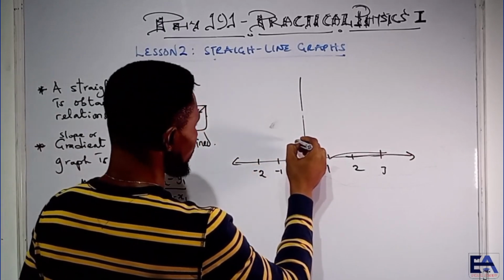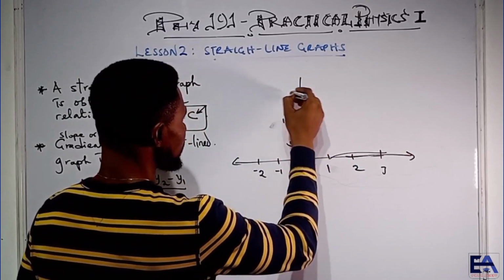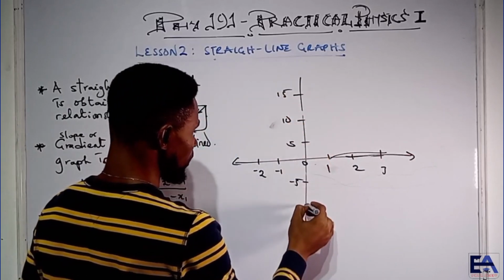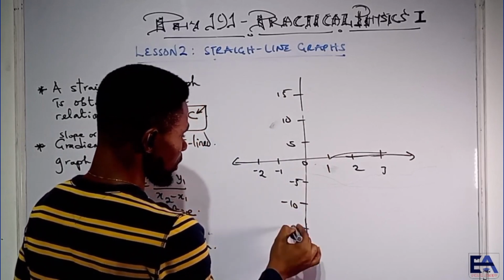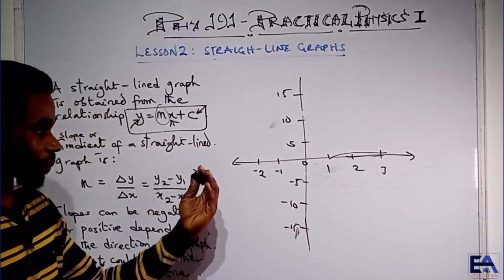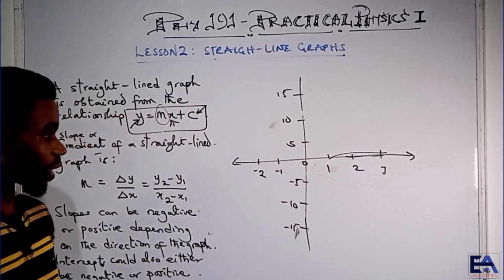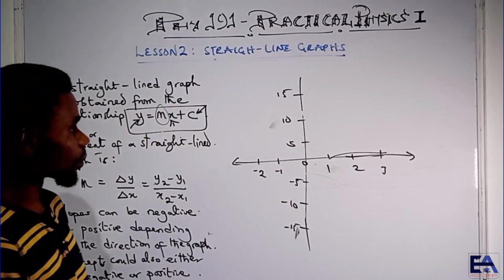And then let's say we have 5, 10, 15, this is -5, -10. Remember that these are approximate positions because I'm not using a real graph.